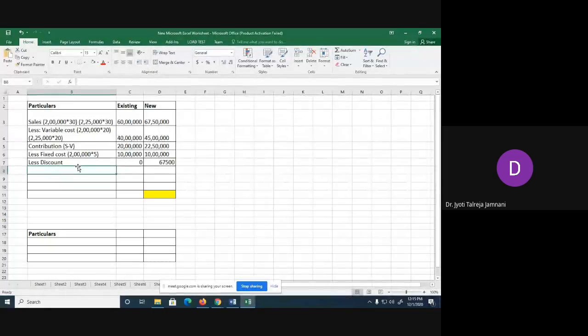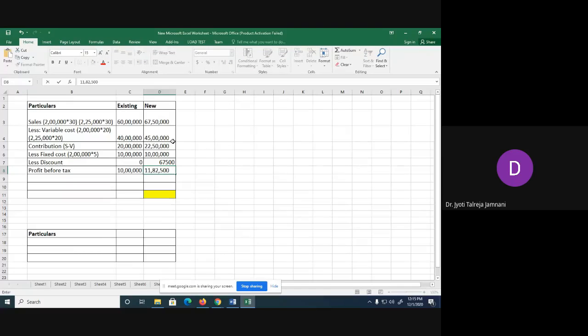Next, we'll see. Okay, there is no other cost, so we will minus this and we will get profit before tax, which comes to 10 lakh and 11,82,500.